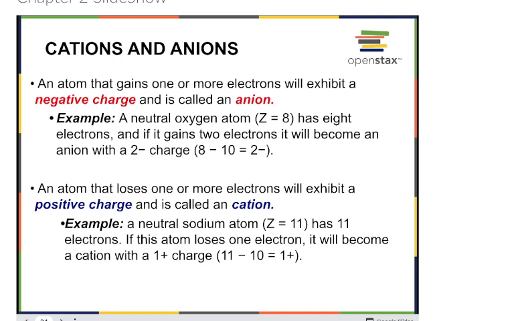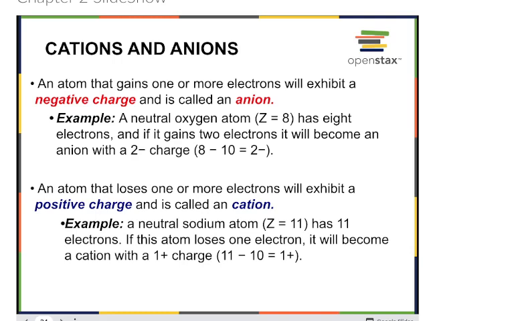Because you've added 2 negative electrons, you get -2. 8 would be the number of protons, and originally you also had 8 electrons. When you gain 2 more negative electrons, you go from 8 electrons to 10 electrons. So therefore, your charge is -2 because you have 2 more electrons than you do protons.